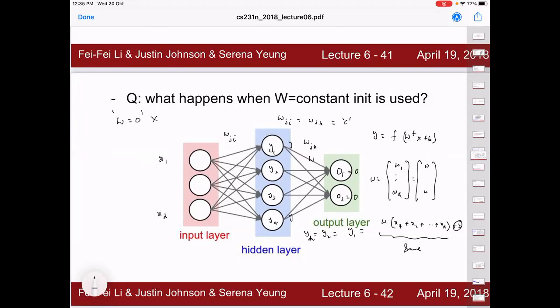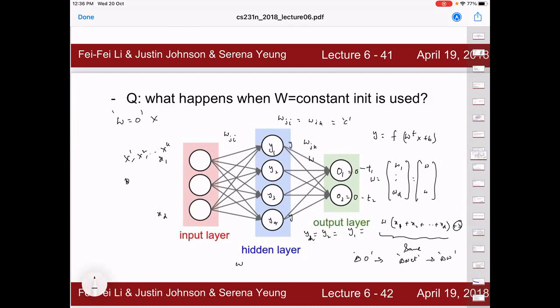Even though the targets t1 and t2 may be different, for each sample, the same delta o will happen, which implies the same delta net, and then the same delta w.